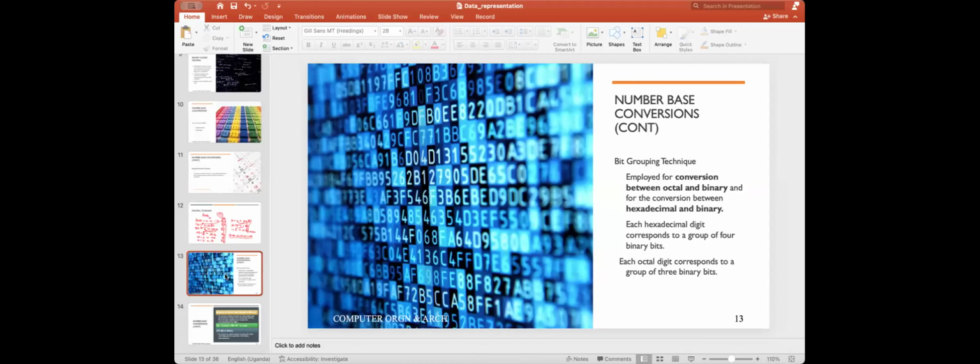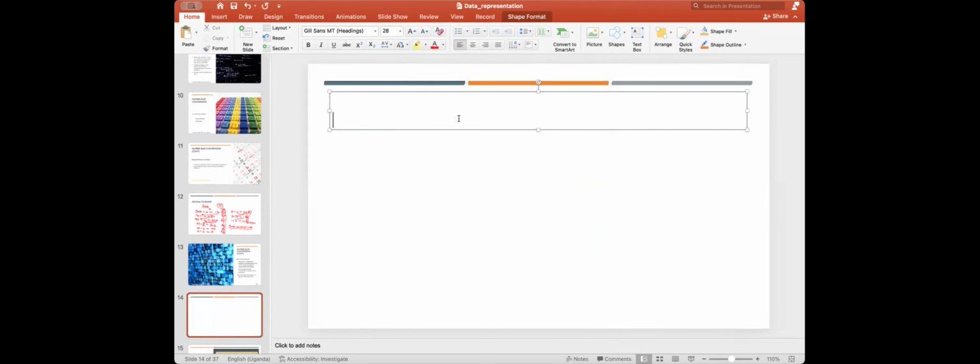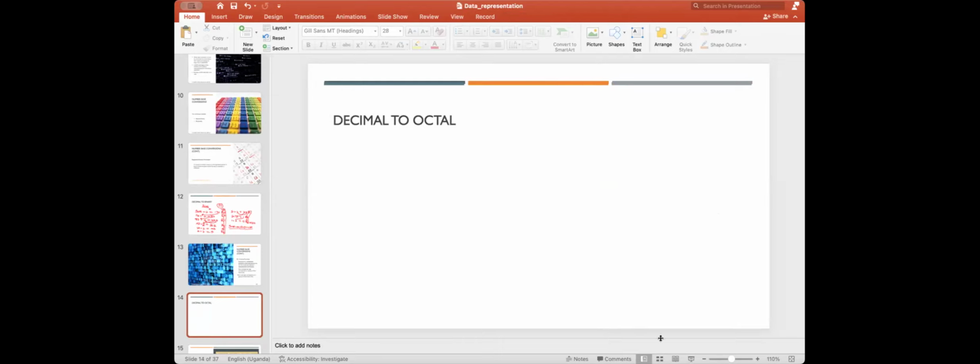Let us try to convert the same decimal number into the octal number system, so maybe people can understand more. So we are going to use the same number.